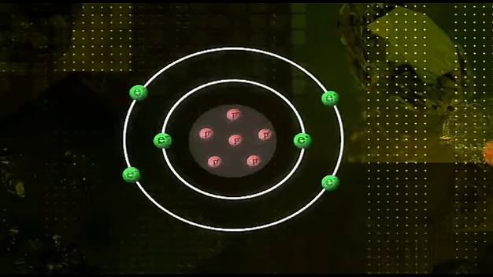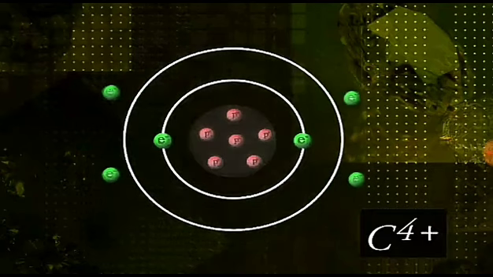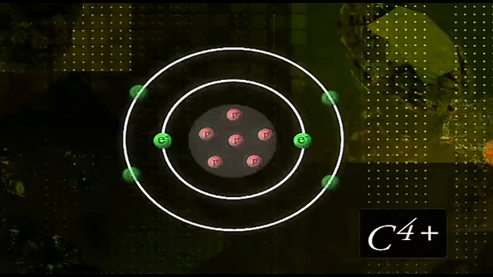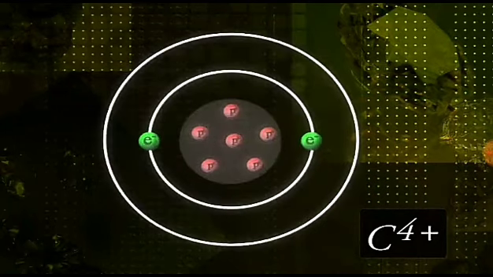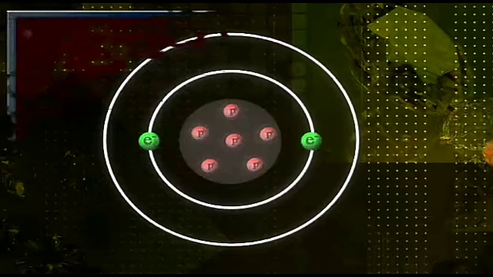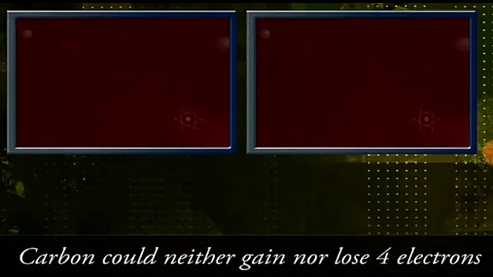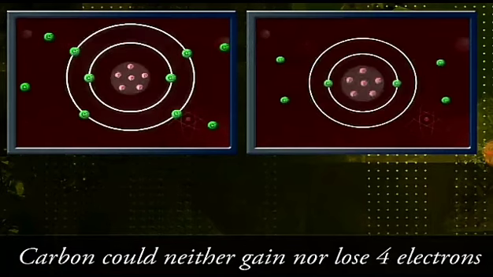Or it could lose 4 electrons, forming C4+. But it would require a huge amount of energy to remove the electrons, leaving behind a carbon with 6 protons in its nucleus holding on to just 2 electrons. So carbon could neither gain nor lose 4 electrons.